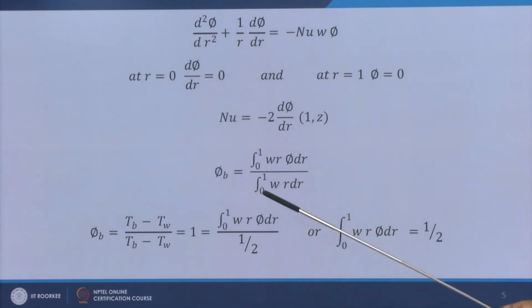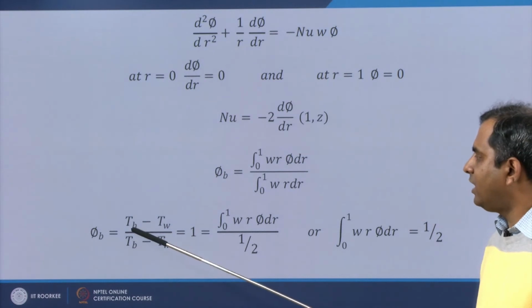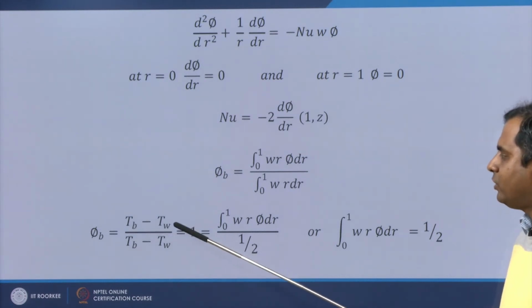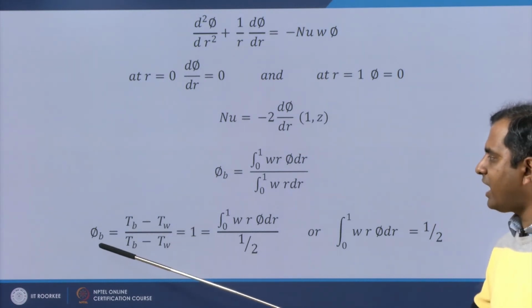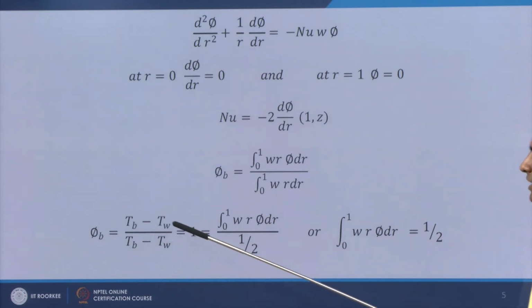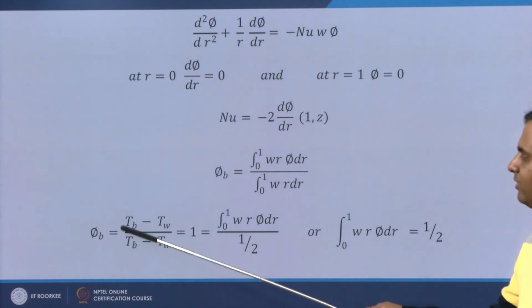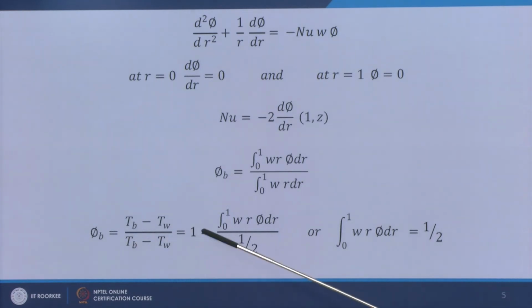And the bulk temperature definition is nothing but Tb minus Tw by Tb minus Tw, because phi we have considered as T minus Tw by Tb minus Tw. So, we get from here that phi b is equal to 1. So, we can get the value of this integration equals to 1. And as we know that in the thermally fully developed zone, W will have a parabolic profile, the Hagen-Poiseuille profile.